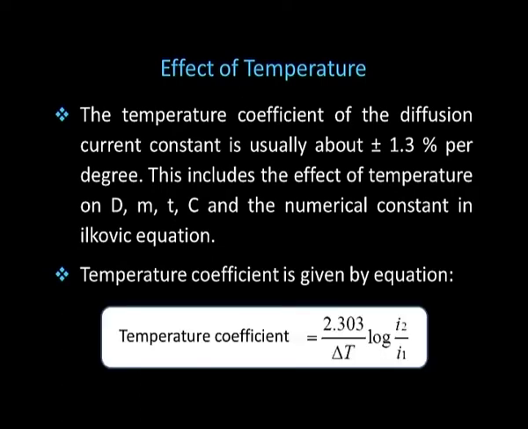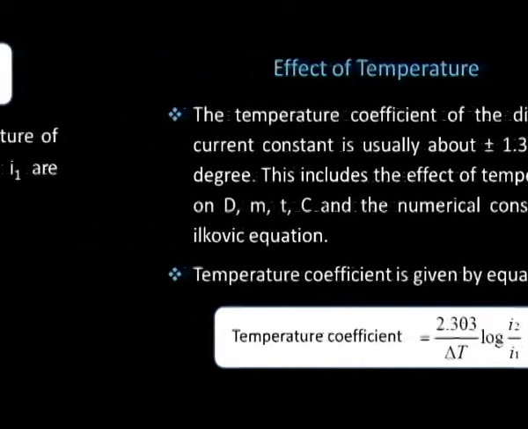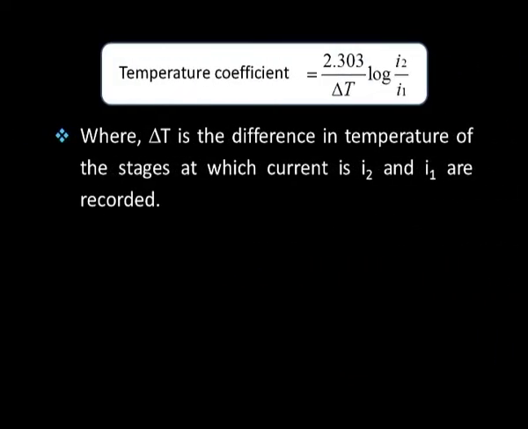Temperature coefficient is equal to 2.303 divided by delta T log I2 by I1, where I1 and I2 are the currents at temperature T1 and T2. Delta T is the difference of temperature at which current is I2 and I1.